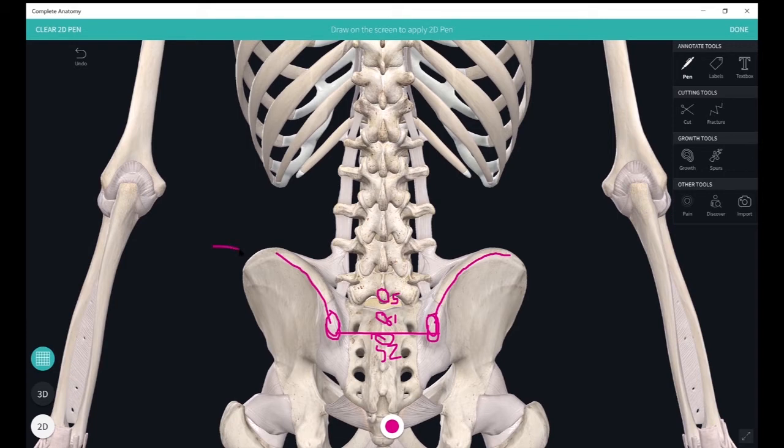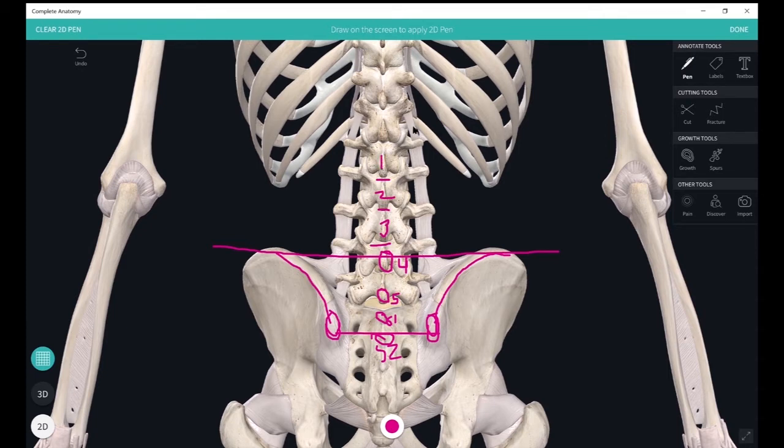We can draw another helper line at the level of the iliac crest, and that will help us identify L4. From there we can move further cranially, palpating between each of the interspinous spaces between the spinous processes to identify L3, L2, and then finally L1.